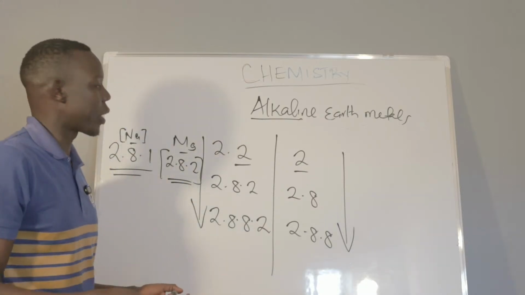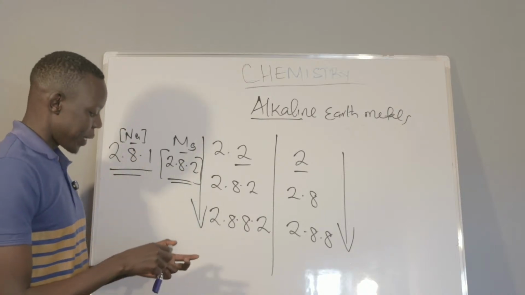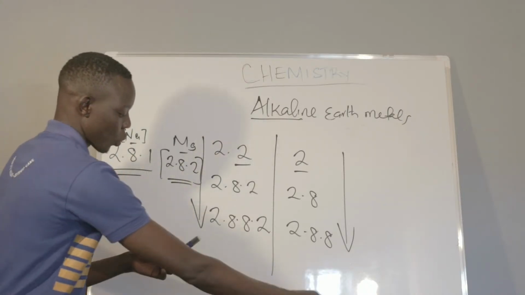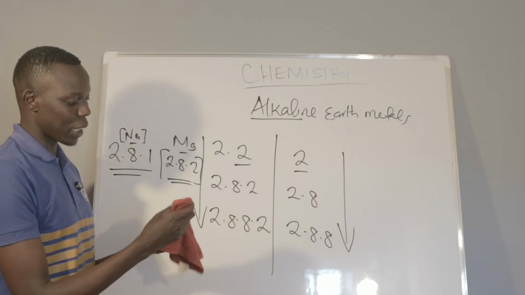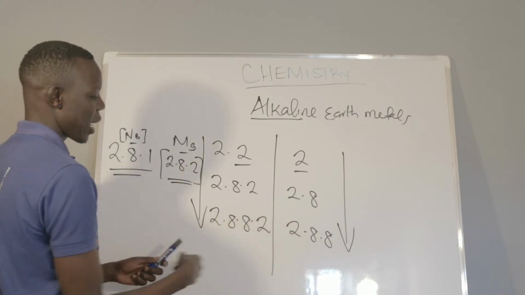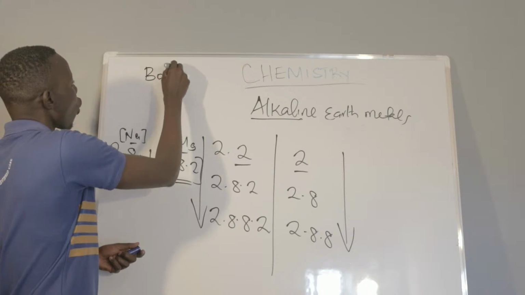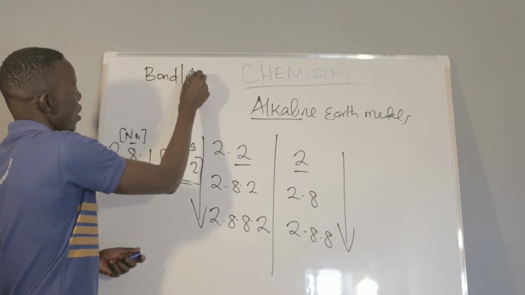What is the melting point? Why is magnesium having a higher melting point than sodium? By the way, I was telling my students, anytime you ask a question that is talking about the issue of melting point, that question is asked based on the bond or structure.